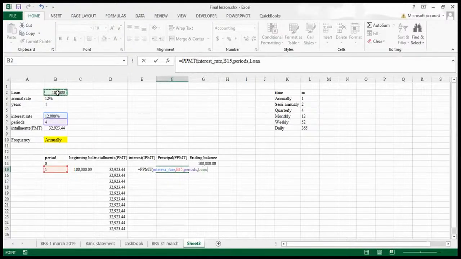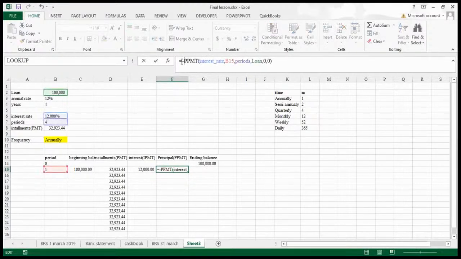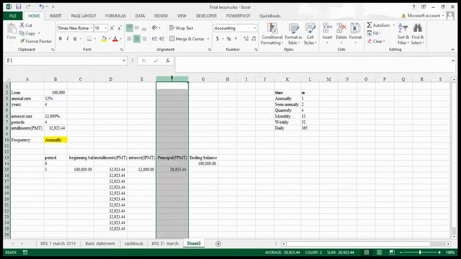Present value, the loan amount, comma. Future value 0, comma. Type, we want to do it at the end of the period, so we are going to pick 0, then we close our bracket. If I enter, I'm getting a negative, and I should have a negative there to get me the positive value. So if I do that, that is what I am getting.